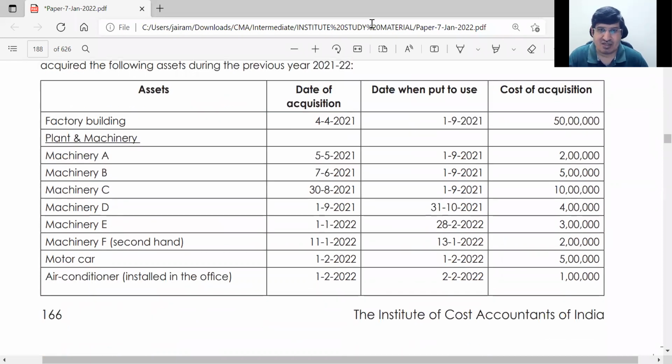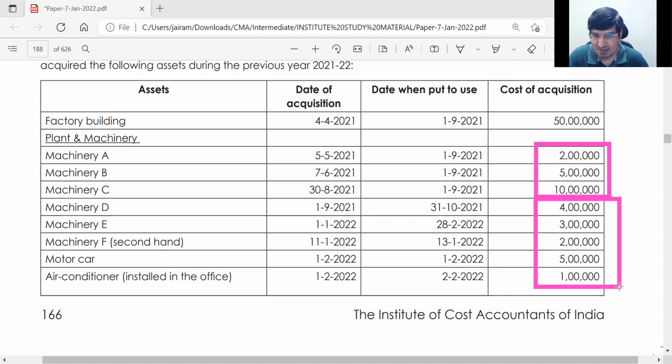Okay, this is 17, correct? And this comes to 15: 4, 3, 7, 8, 9, 10, 15. Okay, this is 15 lakhs. Understood? 15 lakhs full depreciation, okay, 15%.